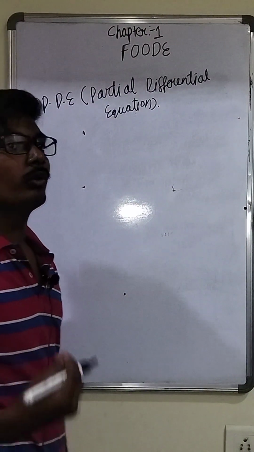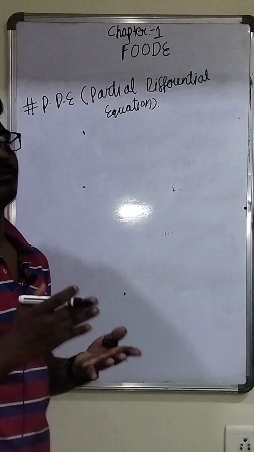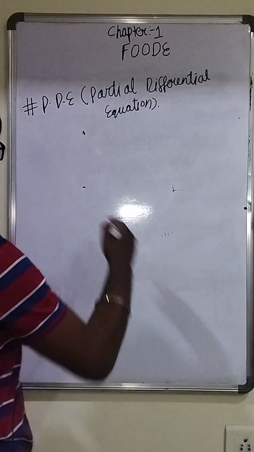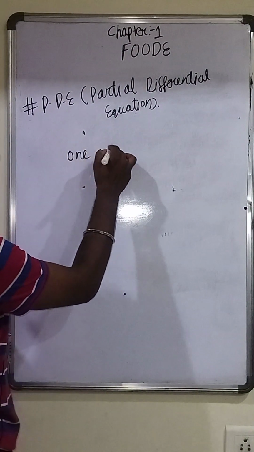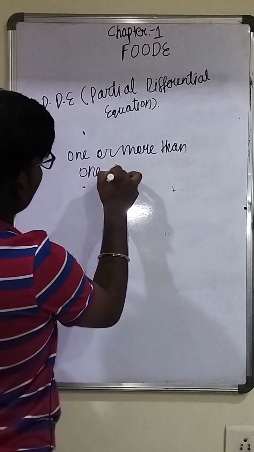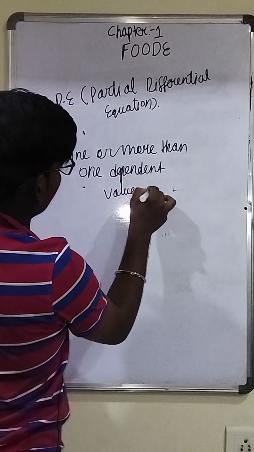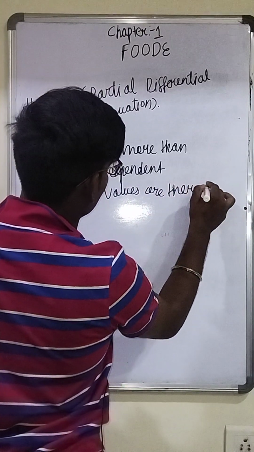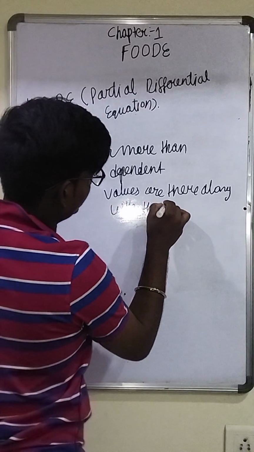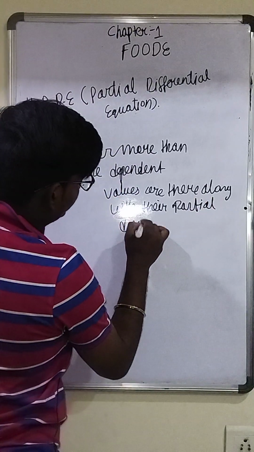In ODE we saw one or more than one independent variables. Now in this, there will be one or more than one dependent variables along with their partial derivatives.